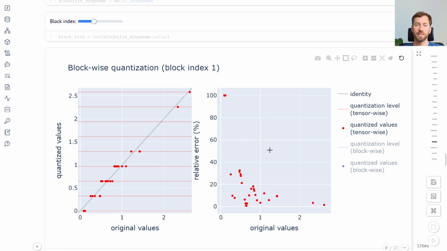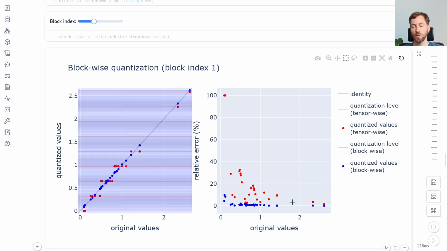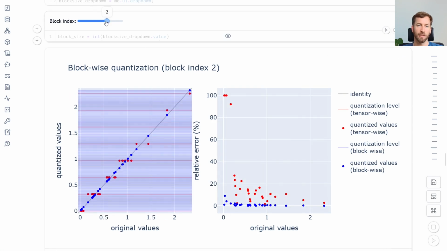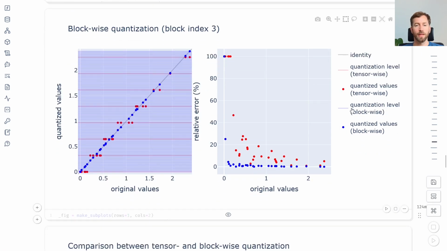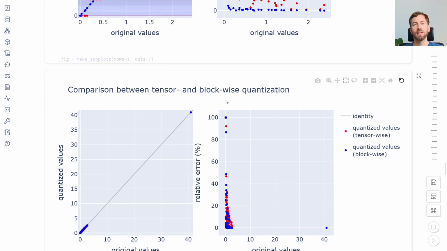But if we compute the scaling factor only for the values within the blocks, the block quantization mode, then we have a lot more quantization levels and our quantized values are pretty close to the unquantized ones, and the relative error is rather small. This also applies to the other two remaining blocks. If we now accumulate all these quantized values, we obtain this plot over here. So we see for blockwise quantization, on average, the relative error is smaller.